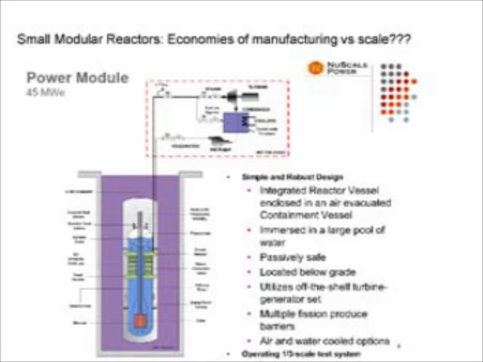And finally, I'm not picking a winner here, but I'll just note that the small modular reactors may be very interesting in this context. For those of you not familiar with it, the idea is to abandon the gigawatt to 1.6 gigawatt scale, instead go down to somewhere maybe in the 50 to 300 megawatt scale, with the idea that one can overcome the loss of economy of large scale by the economy of manufacturing.